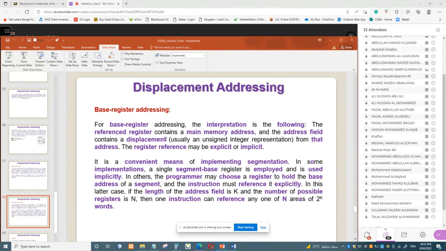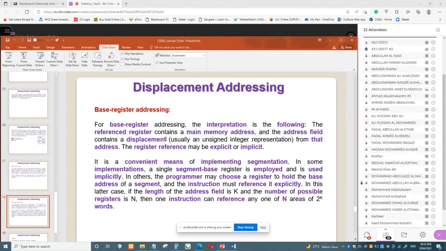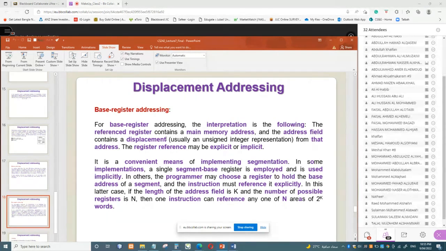Try to understand, this is not register indirect addressing. In register indirect addressing, the instruction gives the number of the register, we go to that register, and it contains the address of the memory location, and that memory location contains the operand.